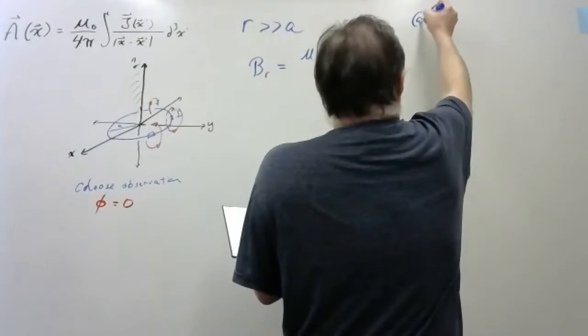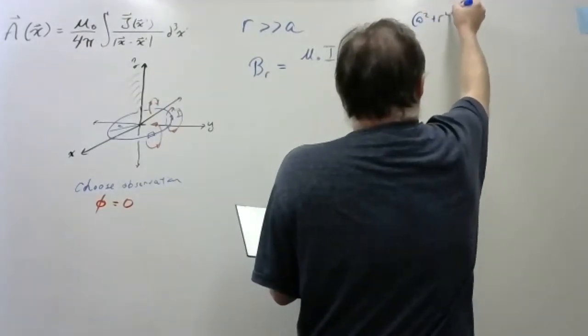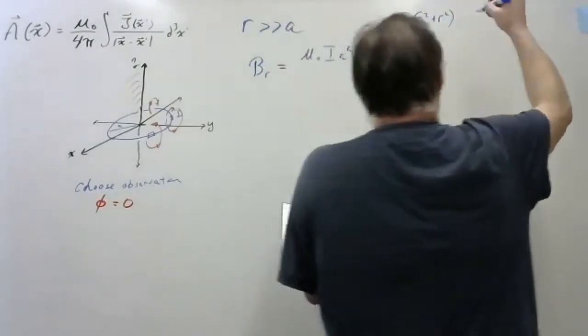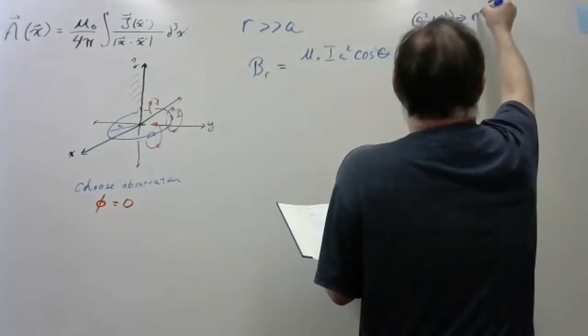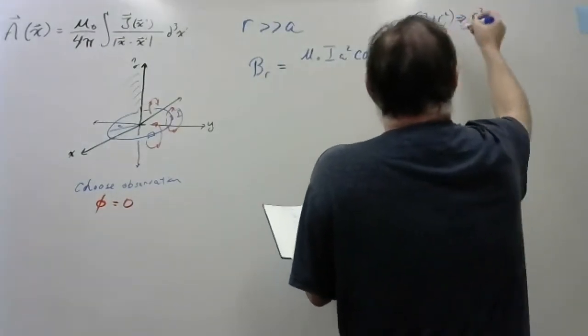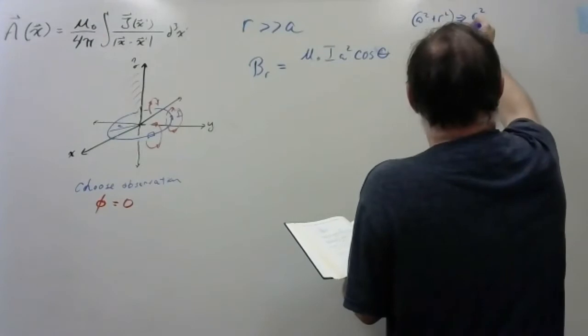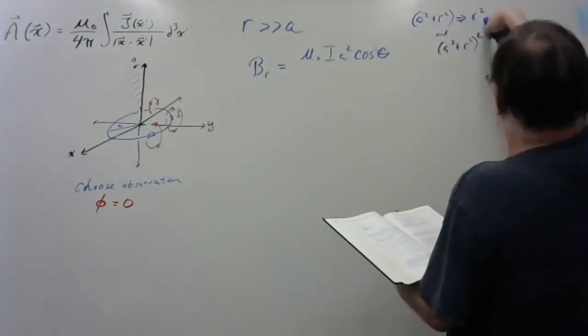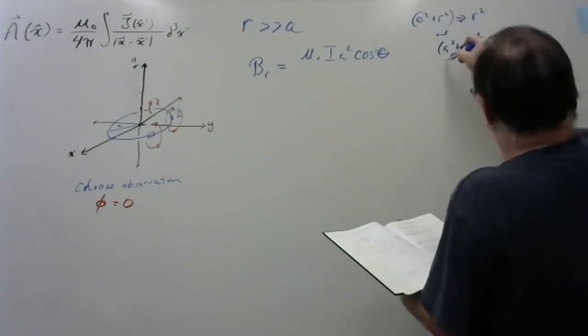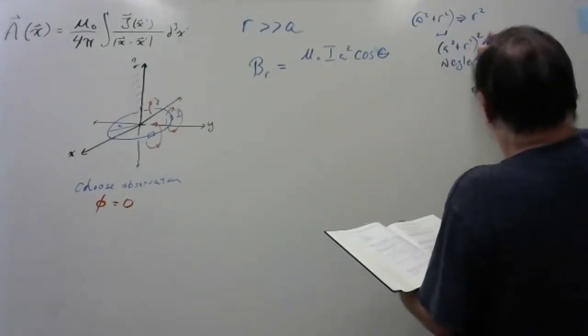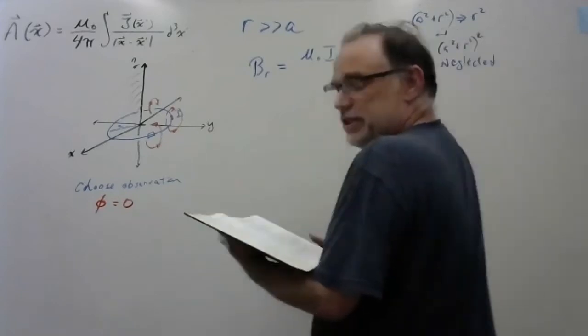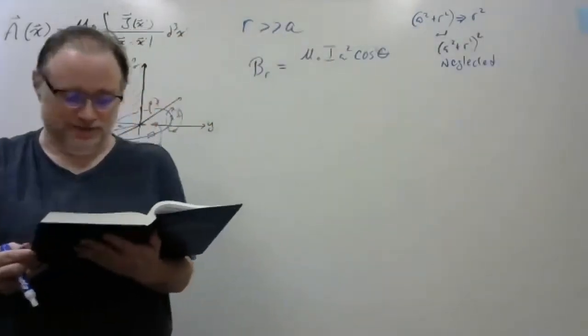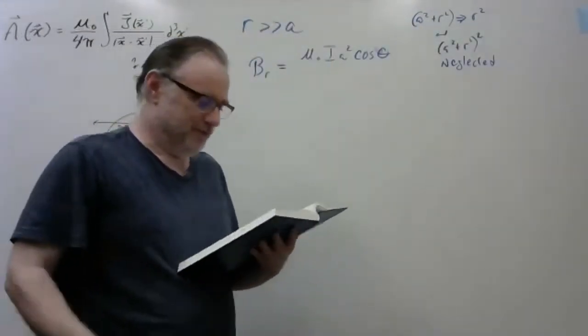So a squared plus r squared goes to r squared, and anything with this in the denominator can be neglected. So here we're only going to keep the first term.